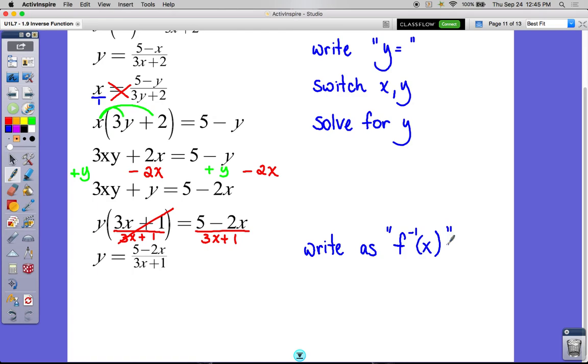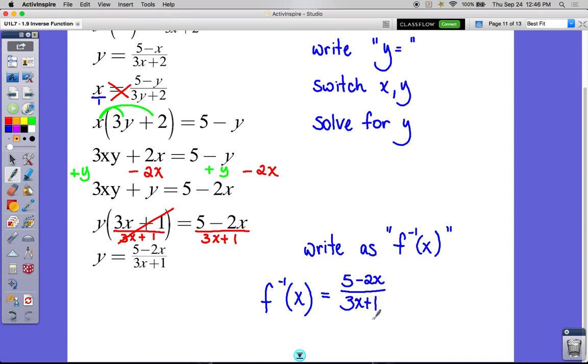So this is going to be your last step. So your final answer is that the inverse of my function is equal to 5 minus 2x divided by 3x plus 1.